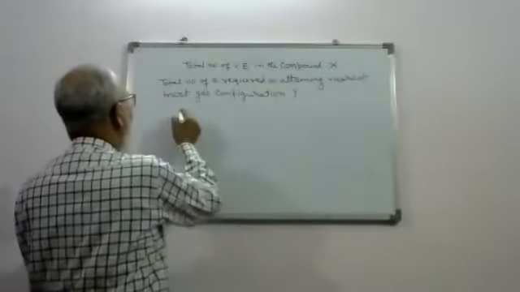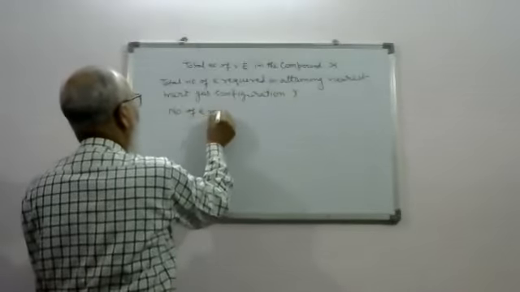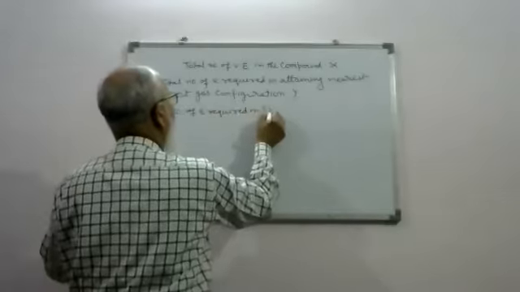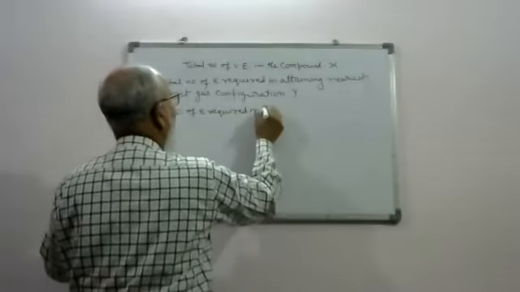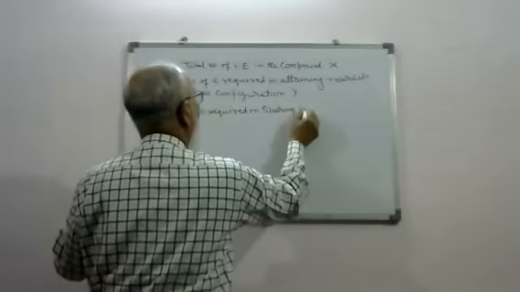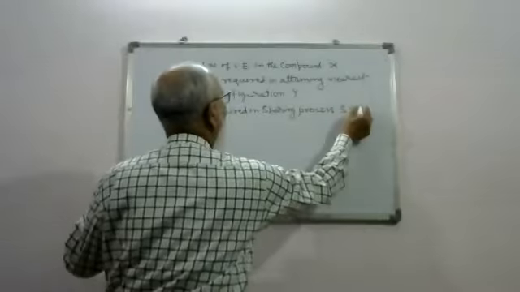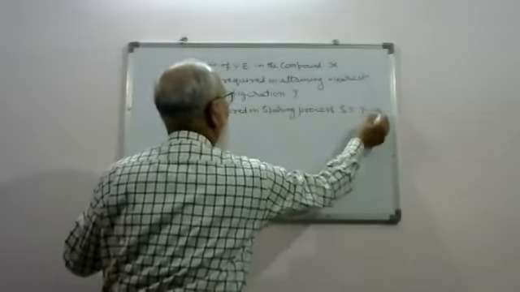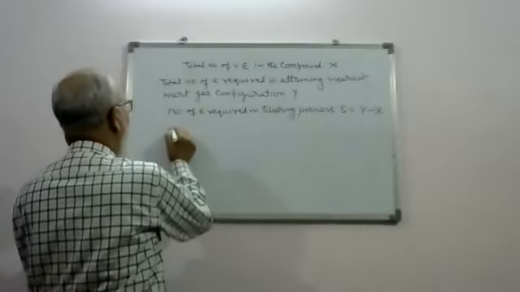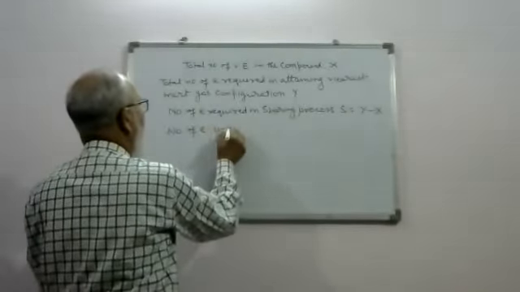Then we find the number of electrons required in the sharing process. In the sharing process, this will be equal to S = Y minus X. And then we shall find the number of unshared electrons.